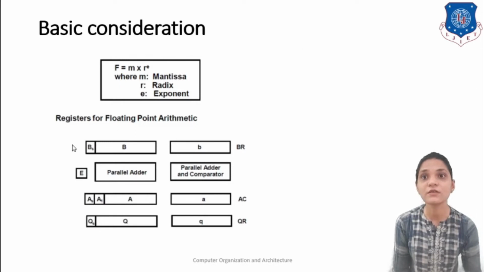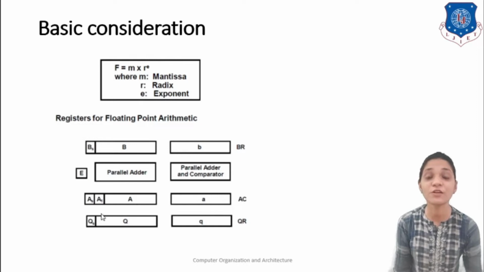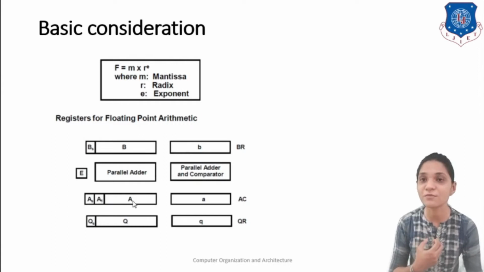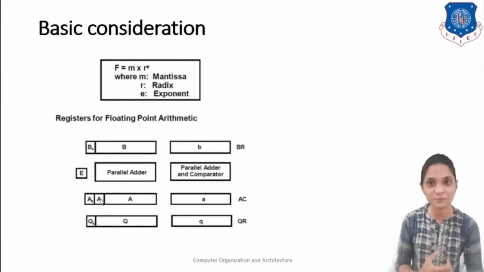So for the B register, capital B is the mantissa, small b is the exponent, capital A is the mantissa and small a is the exponent. And A1, that is the first bit of that particular mantissa, should be 1 for representing that number in proper floating point representation.